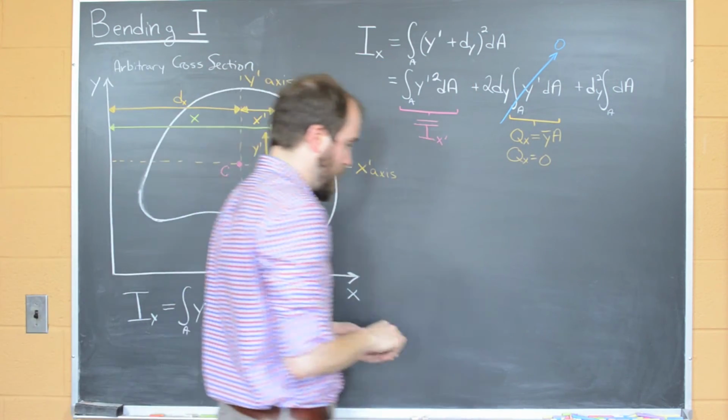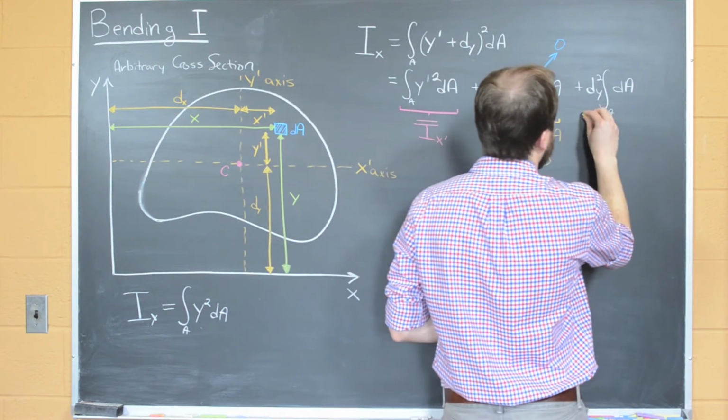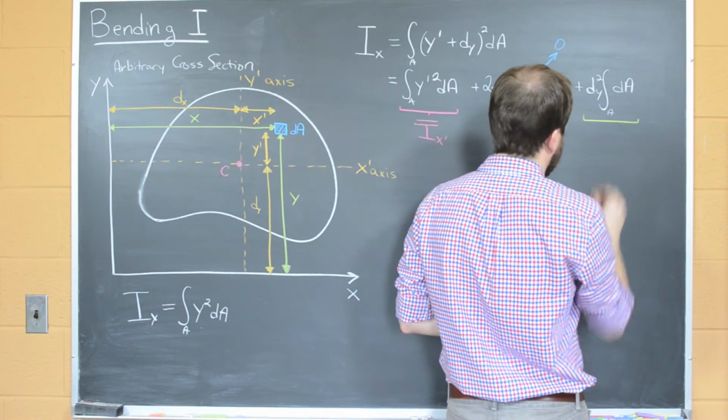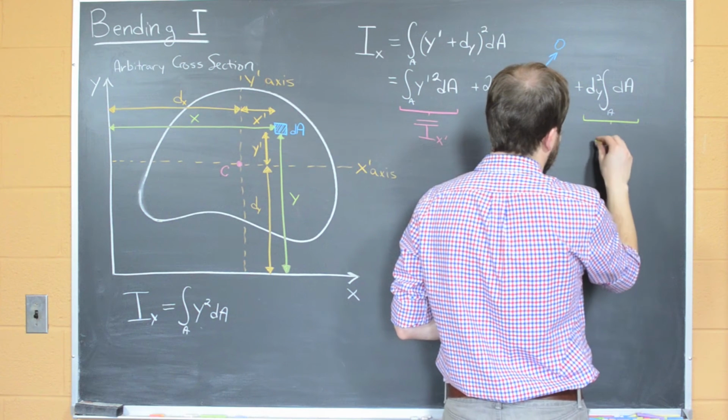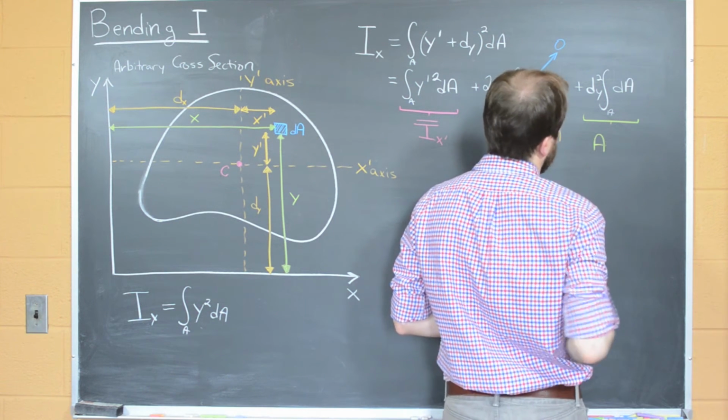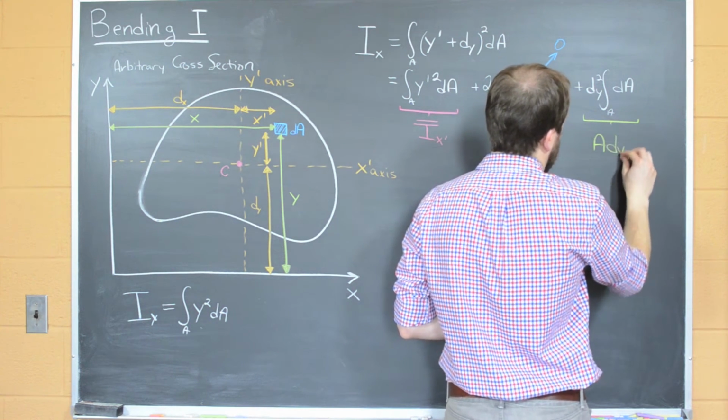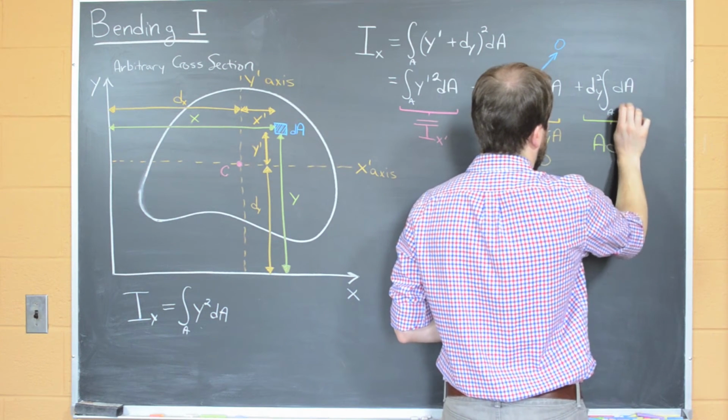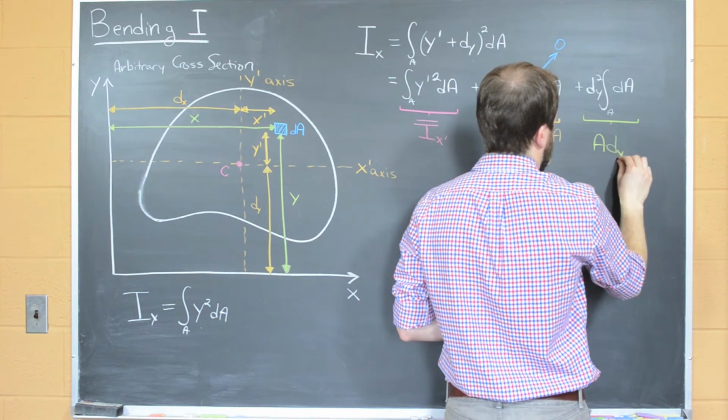And this one's a pretty straightforward one. We can just simply integrate this, and what we're left with is the area times d sub y squared.